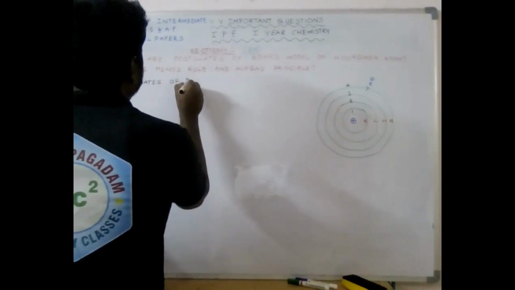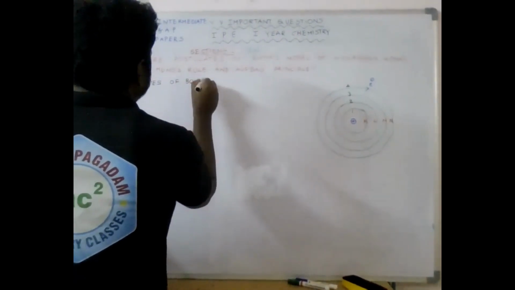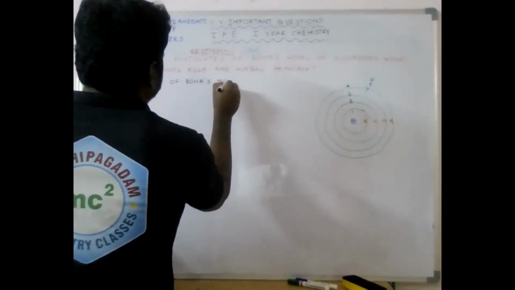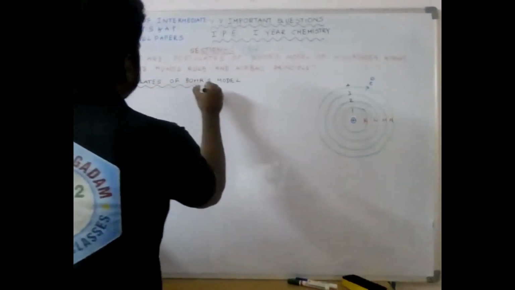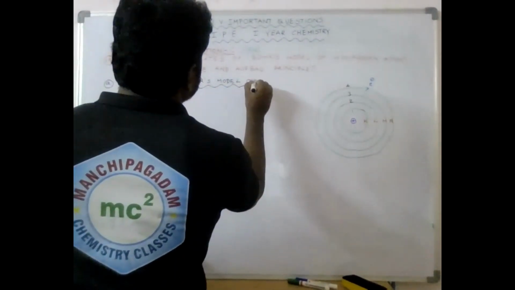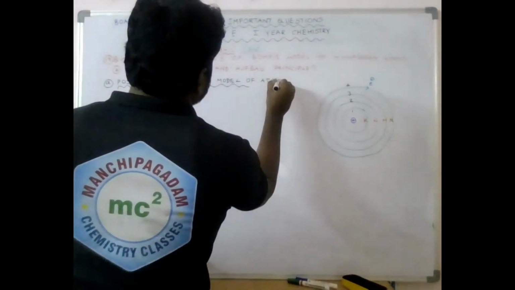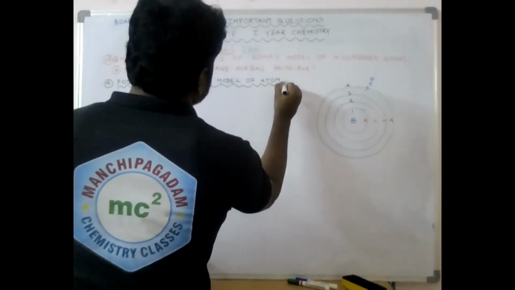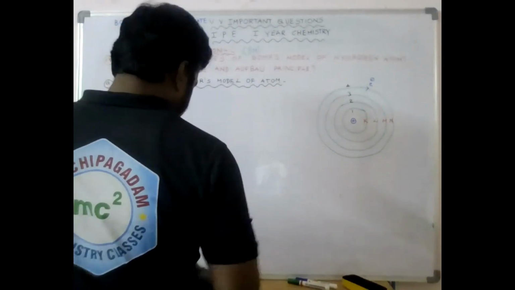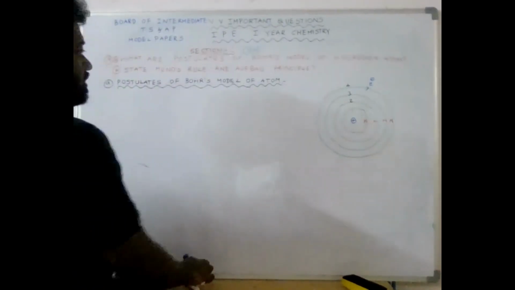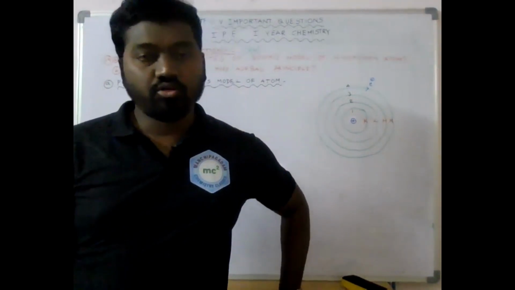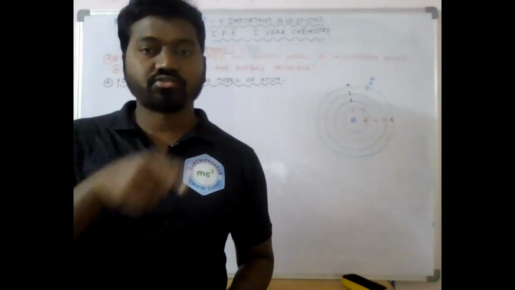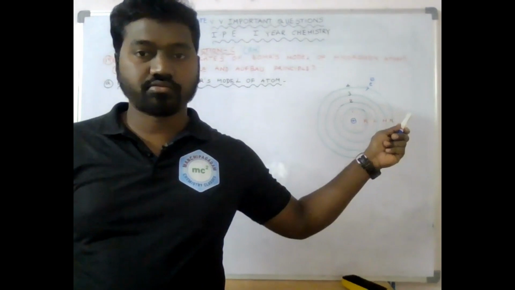Postulates of Bohr's model of atom. Here we are taking a hydrogen atom. We know that electrons revolve around the nucleus of an atom in a circular path like this.